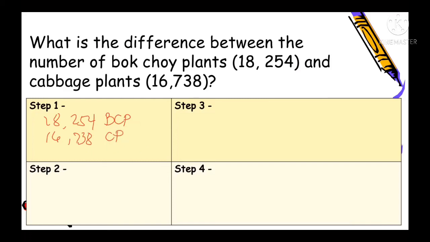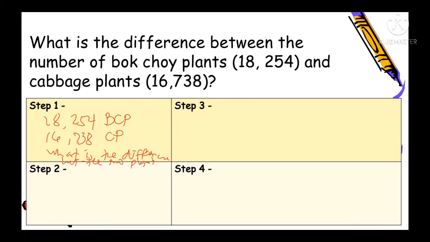Alright, what is the question? What is the difference between the two plants? So those are the given: number of bok choy plants, number of cabbage plants, and the question.